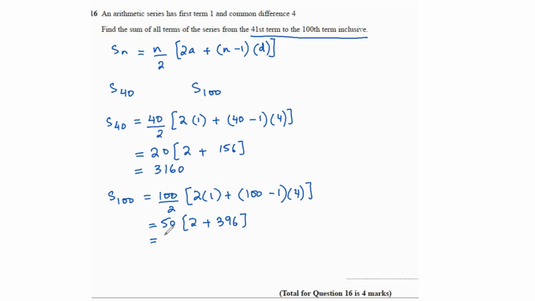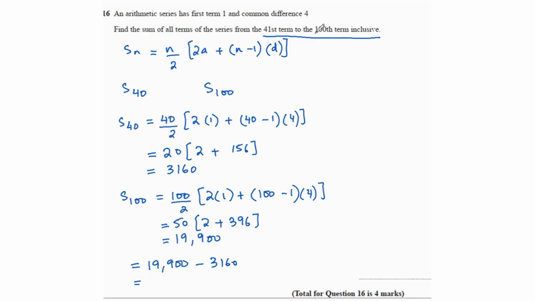That's 19,900. So to find the sum of all the terms from the 41st term to the 100th, we will do 19,900, which is the sum of the first 100 terms, minus the sum of the first 40 terms.